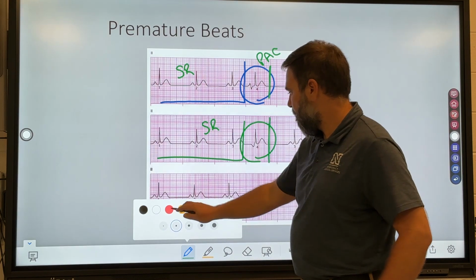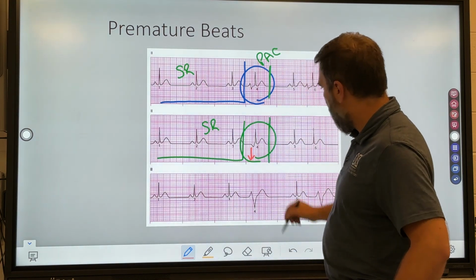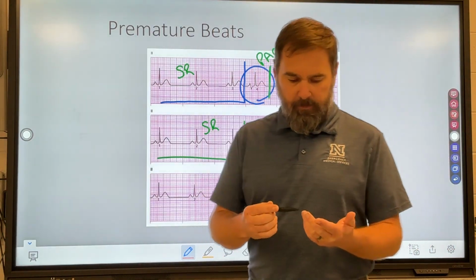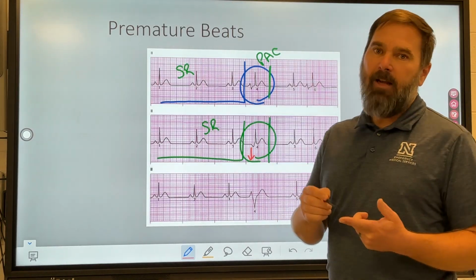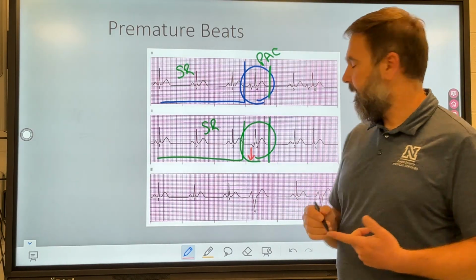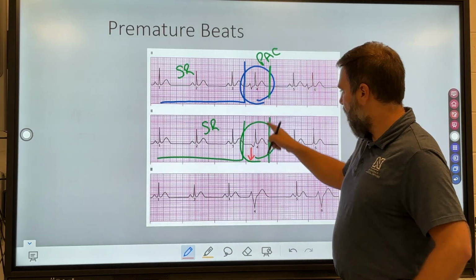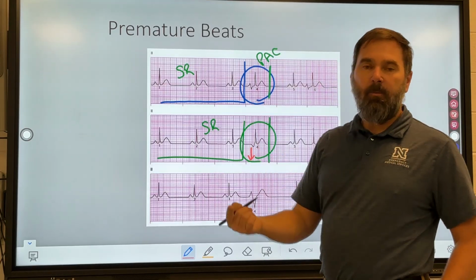Instead, we have a downward P wave and narrow QRS. If you remember from the junctional rules, junctional rhythms are going to have absent or inverted P waves. In this case, we have an inverted P wave, occurring early, before the next expected beat. So this is premature. Now we have identified it as a premature beat.